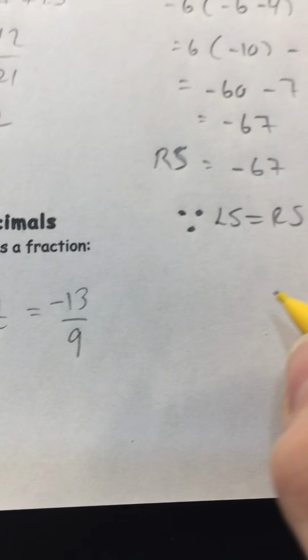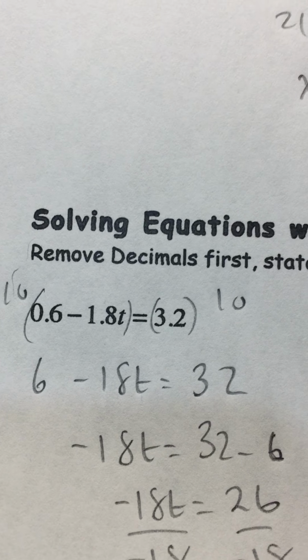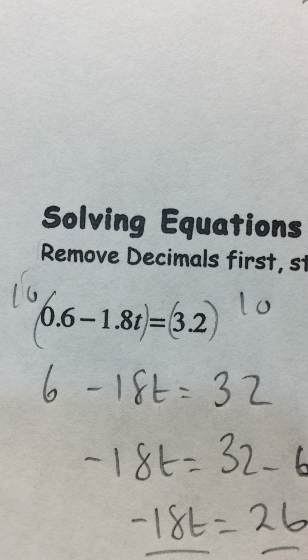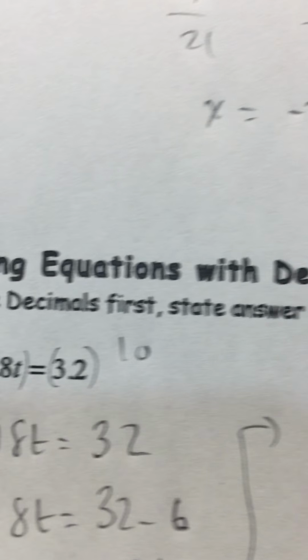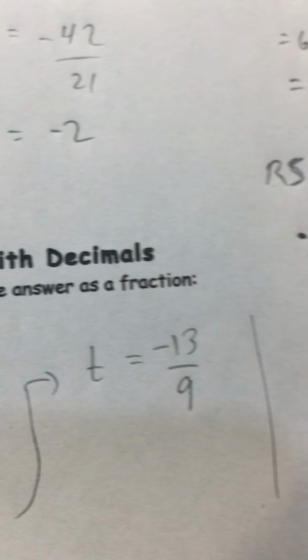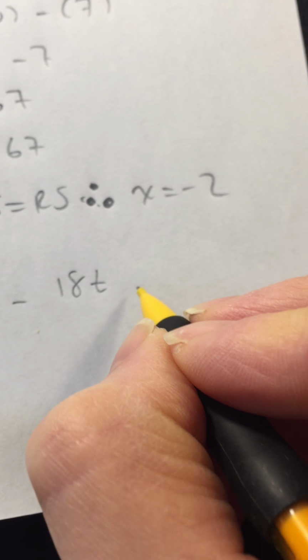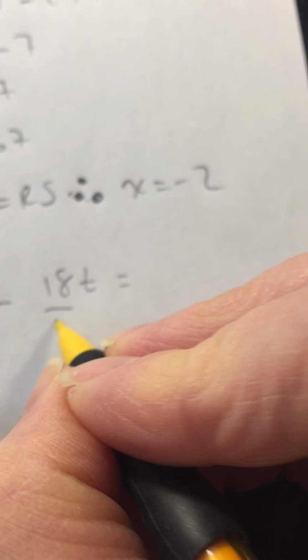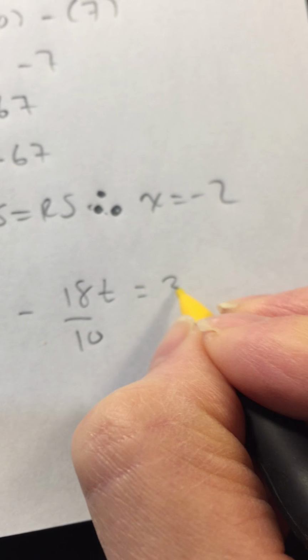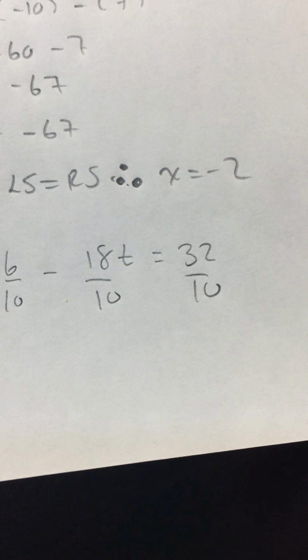Okay. If you were to look at that original question, this is getting ready for next lesson. 0.6 is the same as 6 over 10. 1.8 is the same as 18 over 10. And 3.2 is the same as 32 over 10. That's how you would write those decimals as fractions.